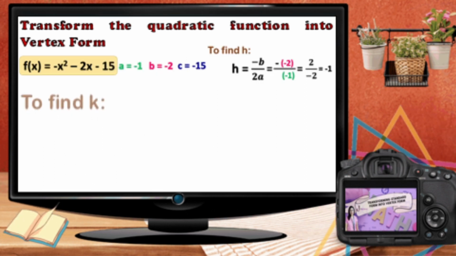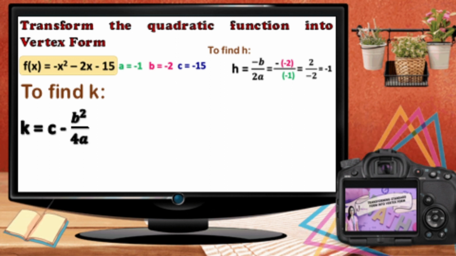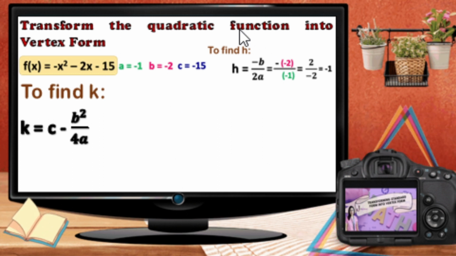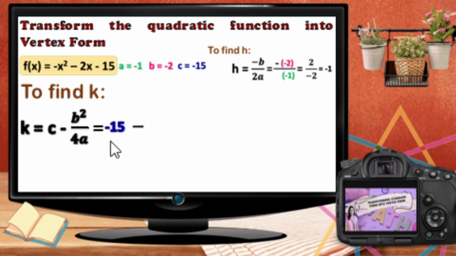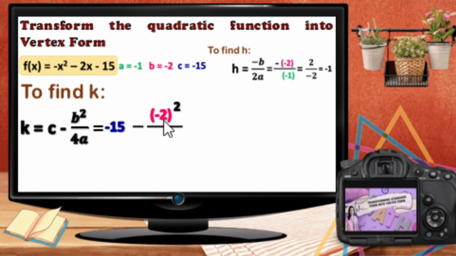Let us find the value of k. So in finding the value of k, we have c minus b squared over 4a. So substitute natin yung mga value ng a, b, and c. So we will have negative 15 for the value of c, and then minus b squared, which is value ng b ay negative 2.